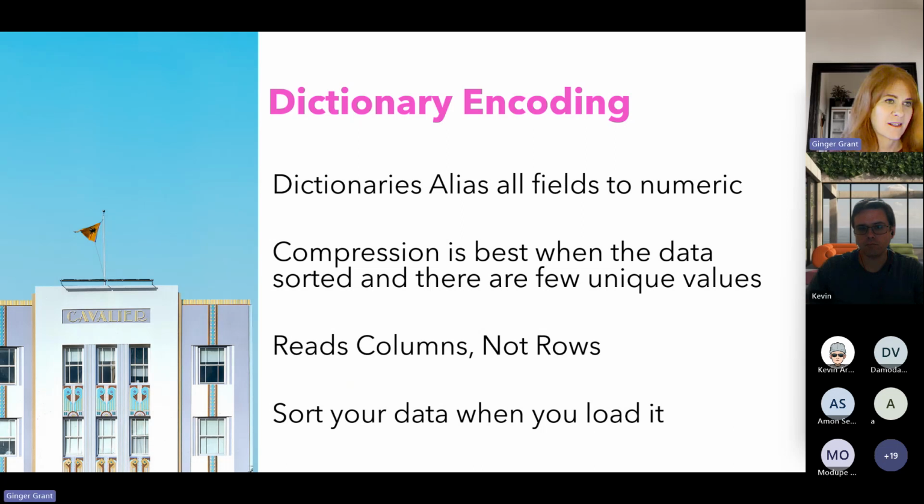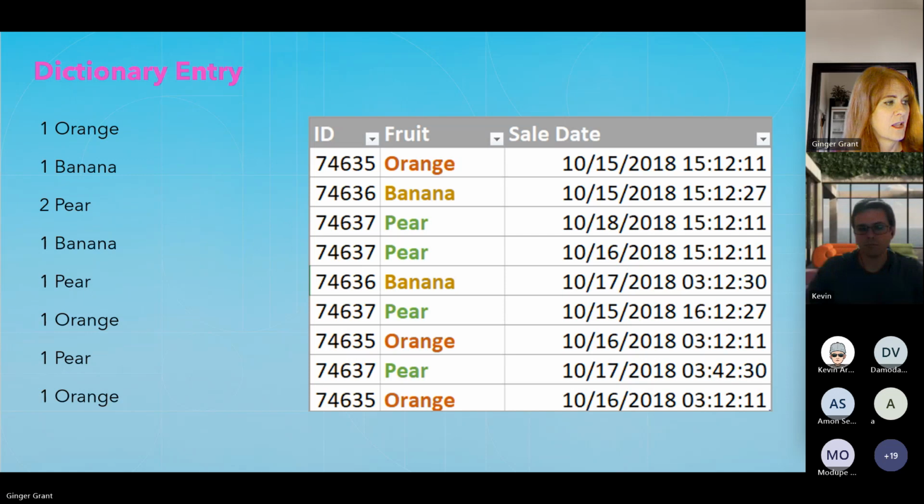The compression is best when the data is sorted and there are few unique values. Since it's reading columns, it's column sorts. So sort your data when you load it. Here's an example of a dictionary entry. In this particular dictionary entry that I have made up, I've got 3 different kinds of fruits: orange, bananas, and pears.